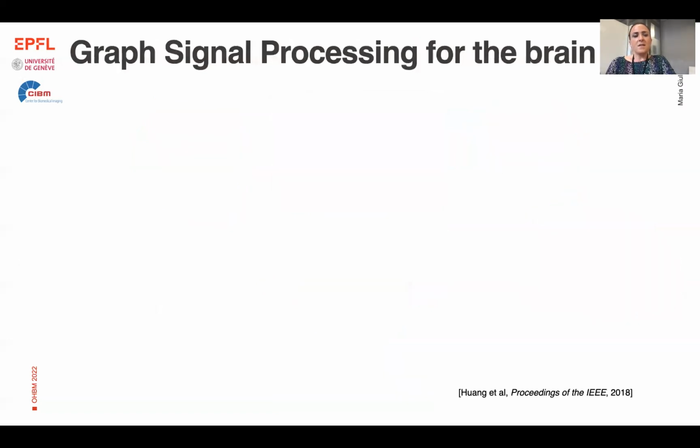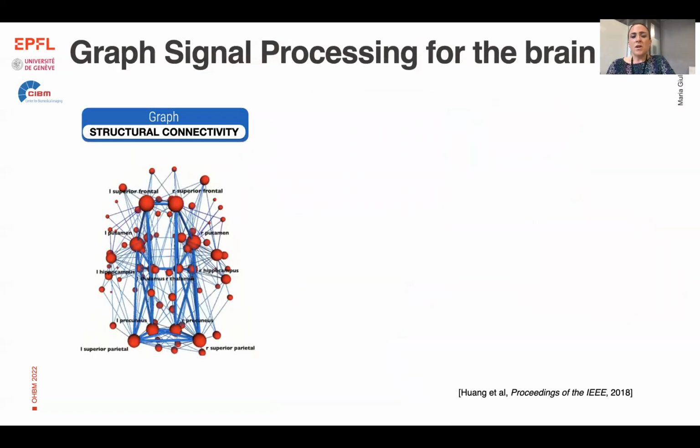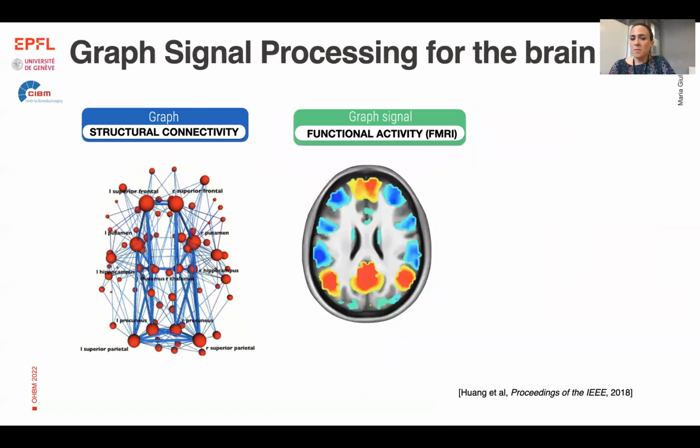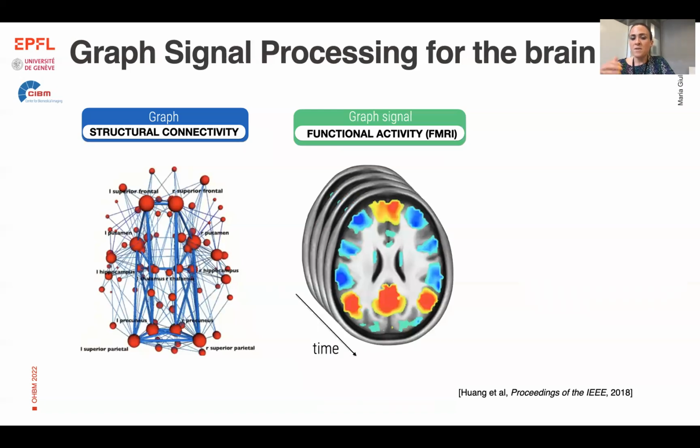In fact, we consider the structural connectivity, so the anatomical wiring of our brain, as a graph, and the fMRI signal as a graph signal, meaning a signal that is defined on the very same nodes of the underlying structural connectome. Then on top of that, our signal, since it's an fMRI time course, also changes in time.